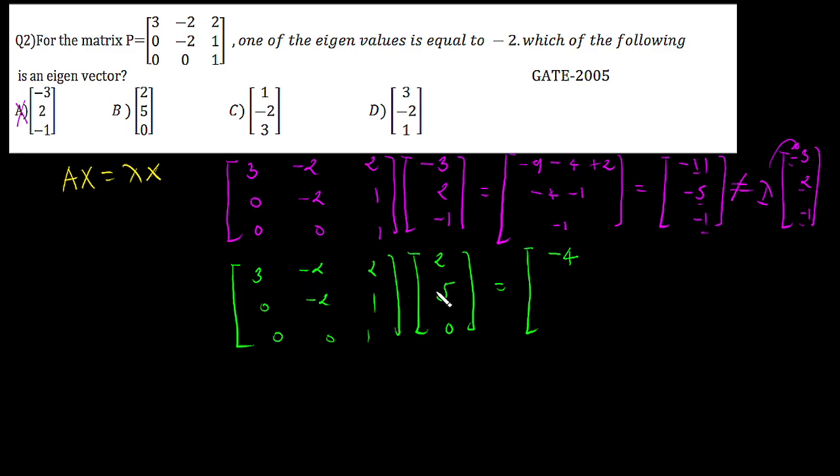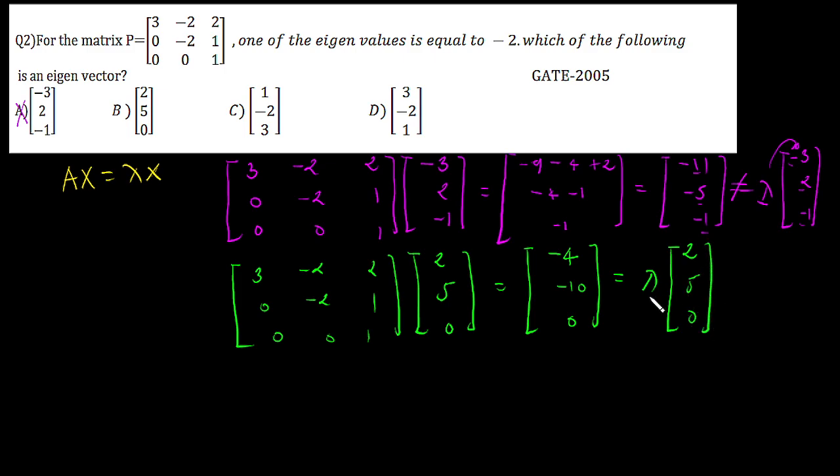Here minus 10, and here again we are getting a 0. Now again let's try to find a scalar lambda to represent this vector as lambda times the initial one, which has the values 2, 5 and 0.